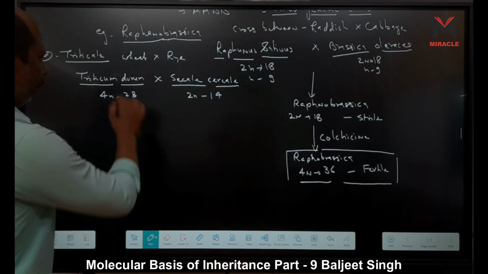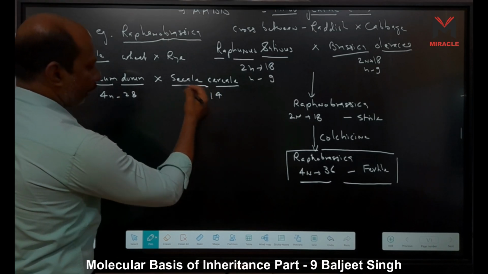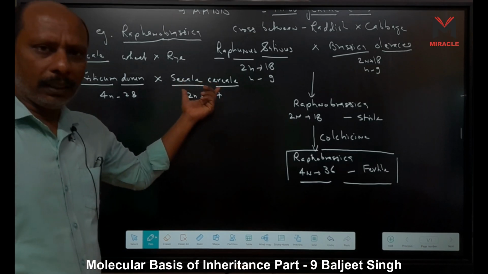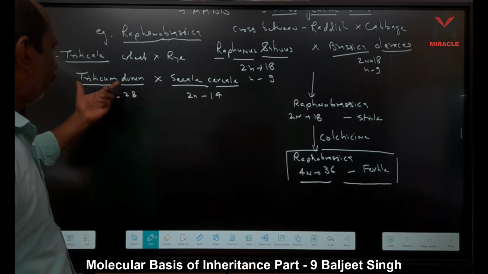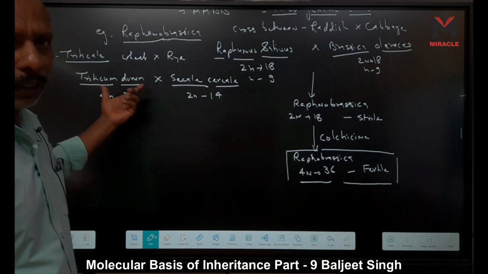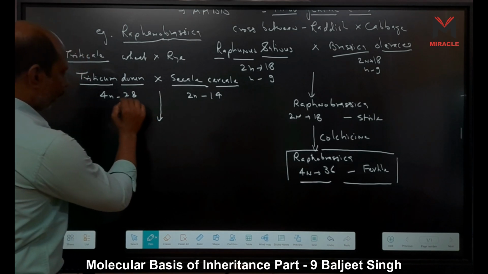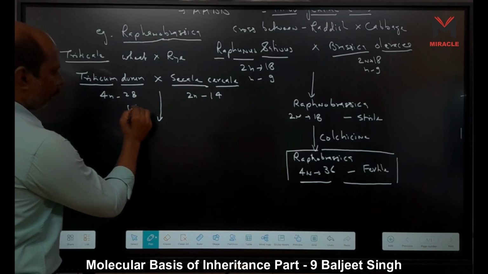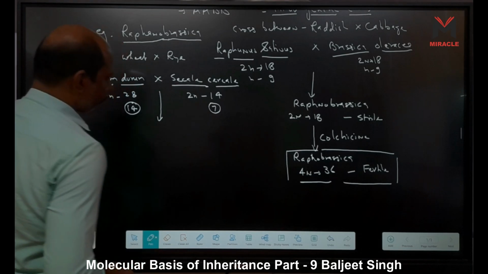Now here you understand this is not intergeneric but interfamilial, because this one belongs to the family Poaceae or Gramineae, and rye is in the family of Cruciferae. So when we cross these two, when gamete is formed, this gamete contains 14 chromosomes from that side and this gamete contains 7 chromosomes by that side.